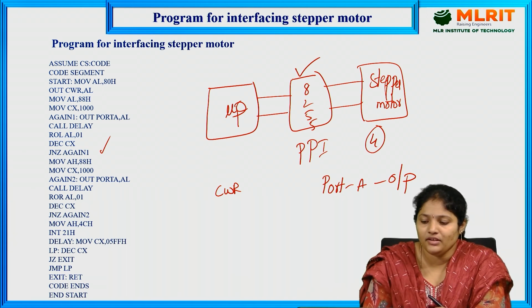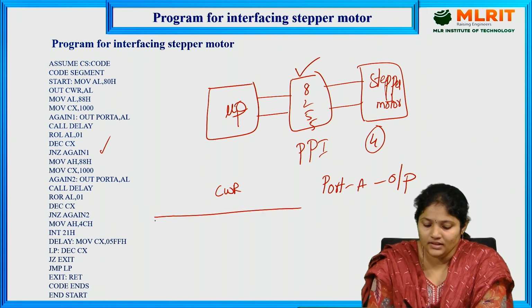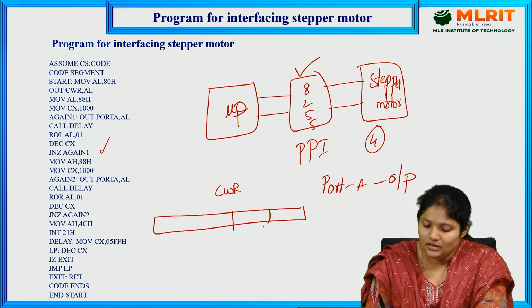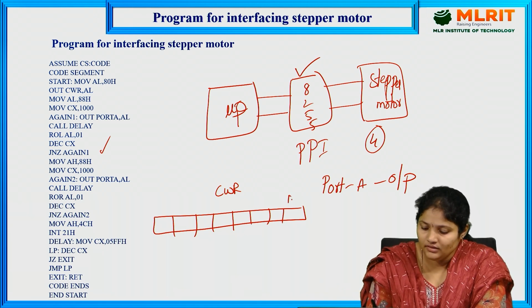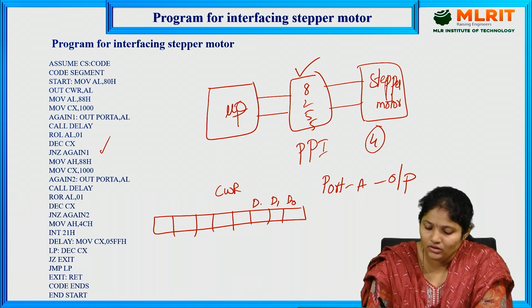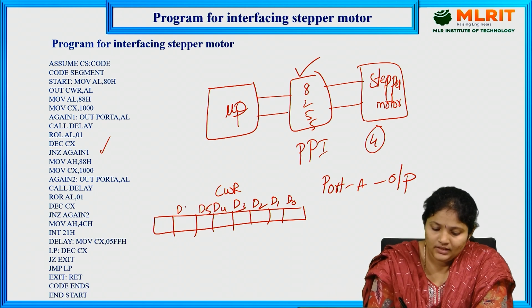As this is an input-output device, what will be the CWR? The CWR of the 8255 is an 8-bit register. It has bits D0 to D7.